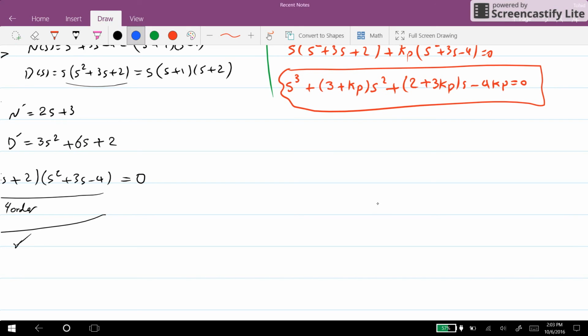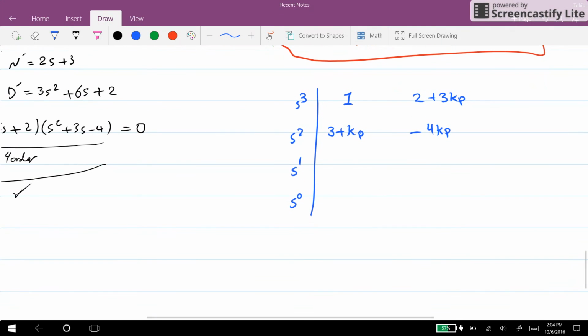To form the Routh table, we have s3, s2, s1, and s0. For the first two rows, we have 1, 3 plus Kp, 2 plus 3 Kp, and minus 4 Kp. And we need to fill the rest of the Routh table.